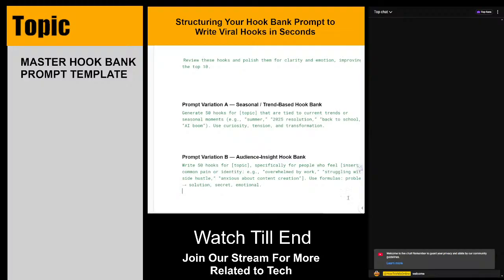So let's move to the next prompt, that is write 50 hooks for the topic, specifically for people who feel. You can insert the common pain or identity: overwhelmed by work, struggling with the side hustle, anxious about content creation, and use the formula that is problem, solution with the secret emotional.